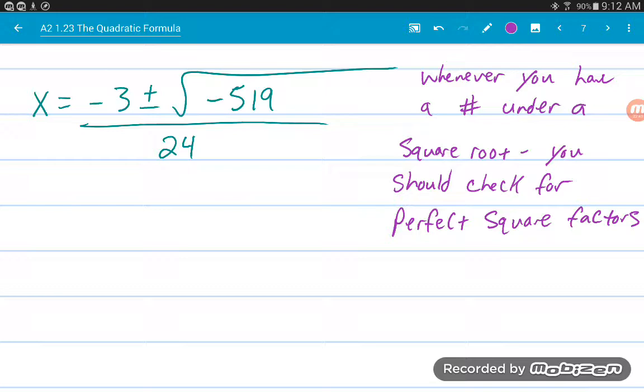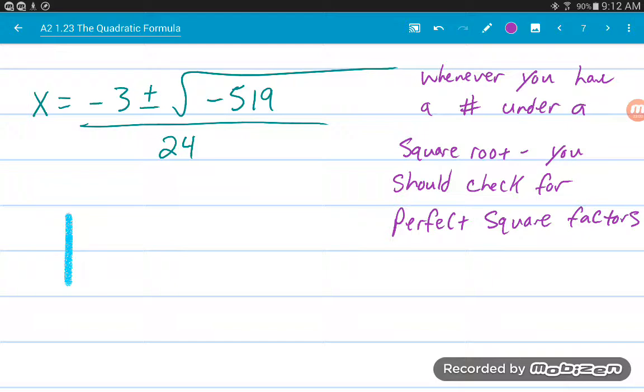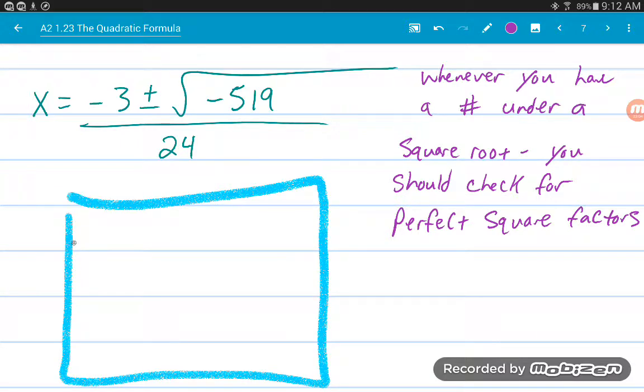Negative 519 may not be as simplified as it can be. So I'm going to go to my list of square roots and see if any of them divide in. If they don't, it wouldn't be surprising because 519 is kind of a weird number. But we still want to simplify. So I'm going to bring up my calculator again, and try dividing some perfect squares into it.